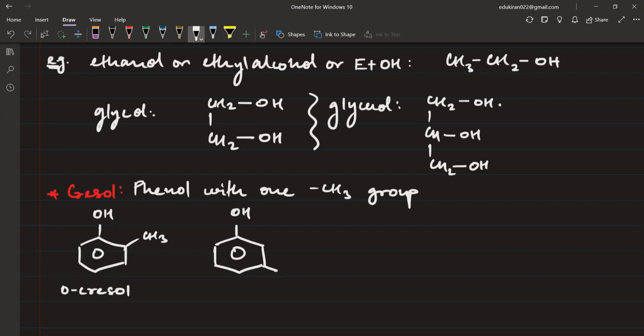If you have it in the meta position, then it will be named M-cresol. With the CH3 in the para position, it will be named P-cresol.